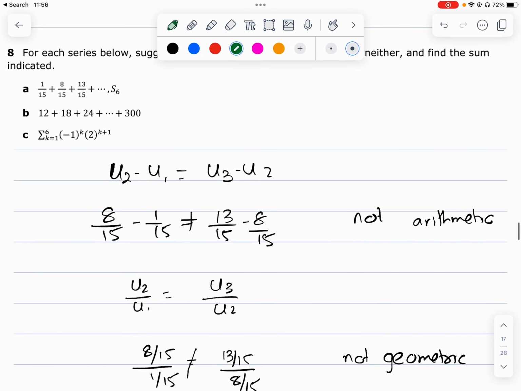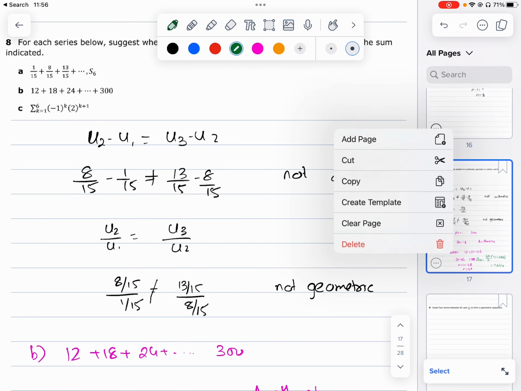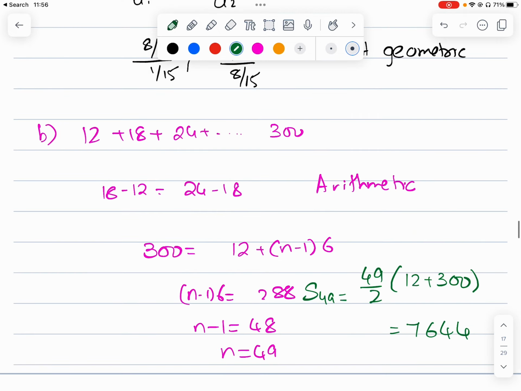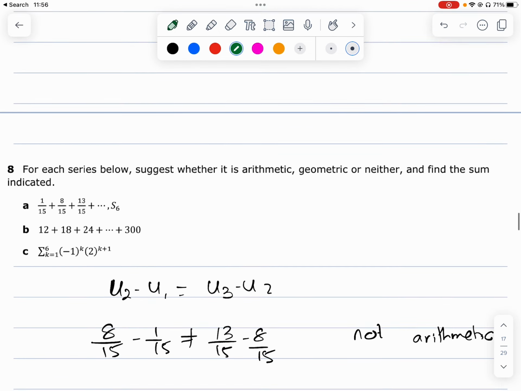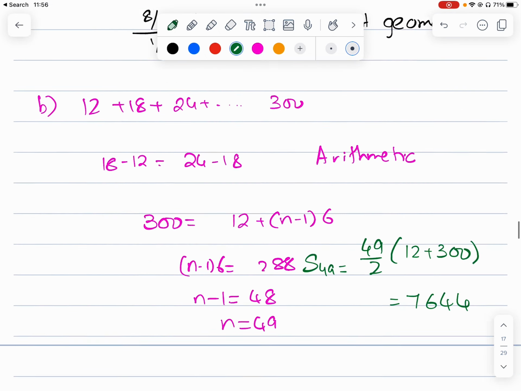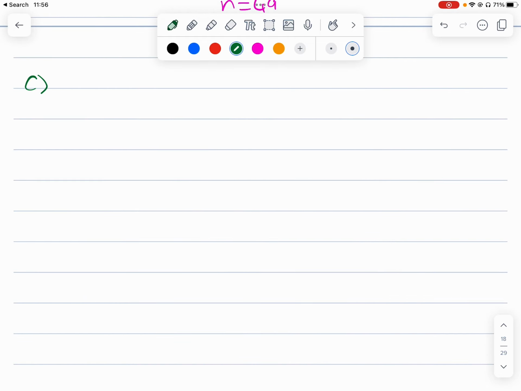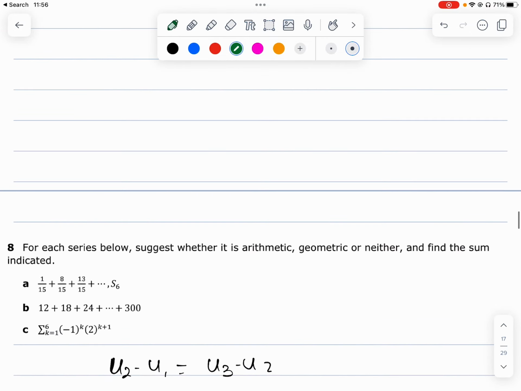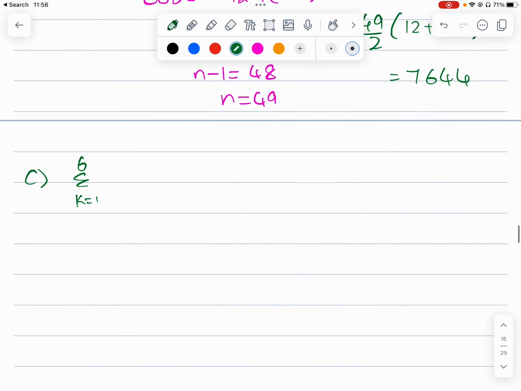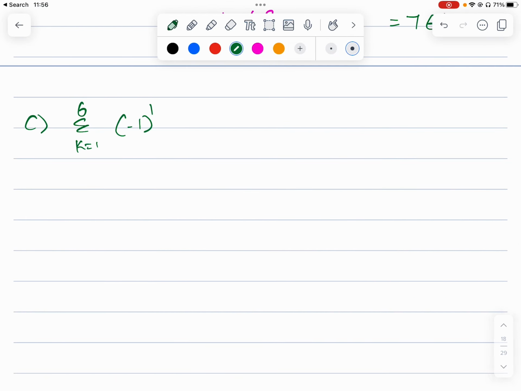Coming to part C. Sigma k equals 1 to 6 of minus 1 whole power k, 2 power k plus 1. Clearly it is geometric because it is being multiplied by a common ratio.